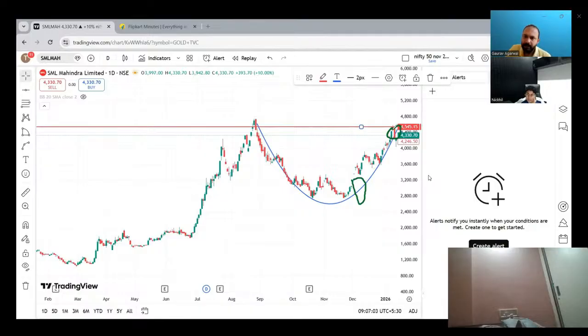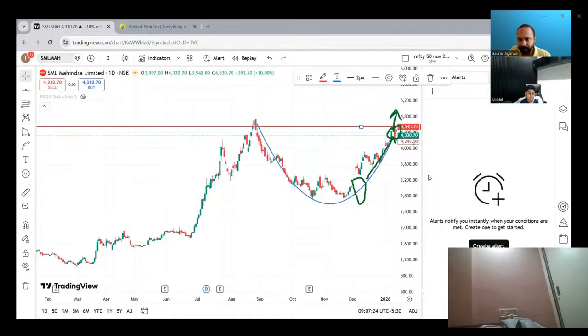Yes. And we can try to take one more trade whenever it gives one more breakout here, right? So this trade has to be completed here. Okay. And the next trade we will take only when there is a breakout. So this way an experienced trader can take multiple trades in a single pattern. Yes.